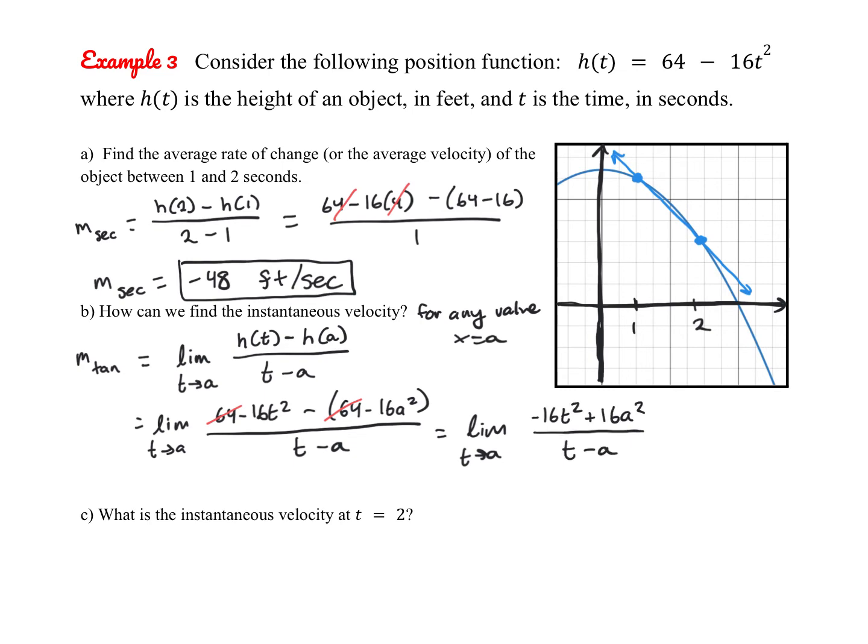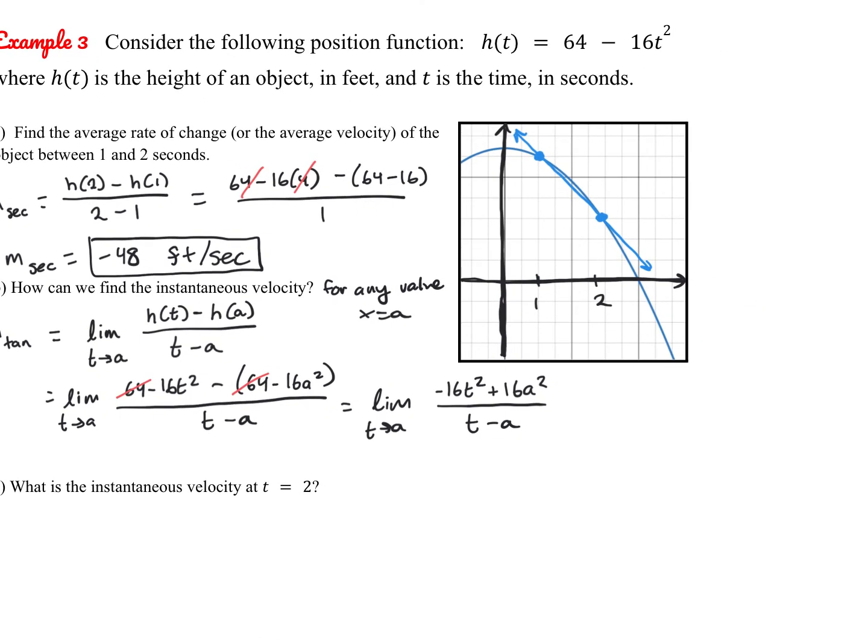Here we could do a little bit of factoring. Don't forget to write that limit every single time. Let's factor out negative 16. That leaves us with t squared minus a squared over t minus a. We know this can be rewritten as t plus a times t minus a.